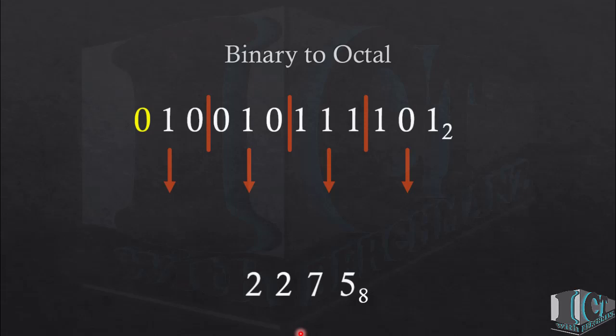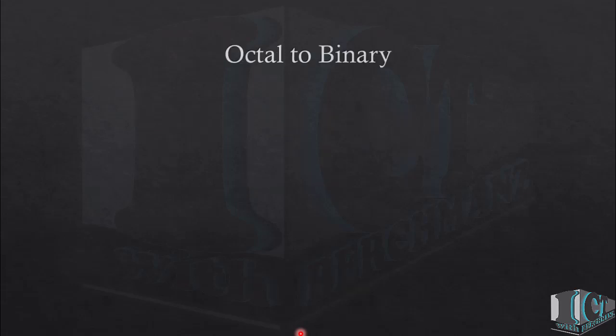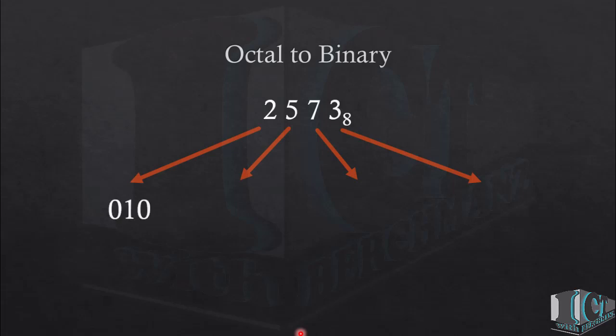Now let's look at the other way around, how we can convert an octal number to binary. Let's look at this octal number, 2573 base 8. Each of these octal digits has a 3-digit binary value, so I'm going to write them down in order. 2 would be 010, 5 is 101, 7 would be 111, 3 would be 011.